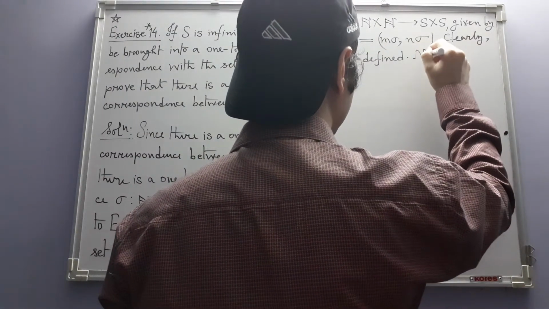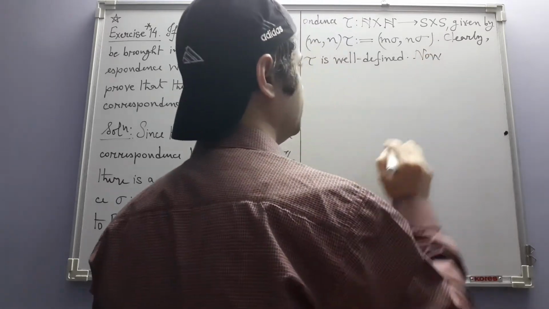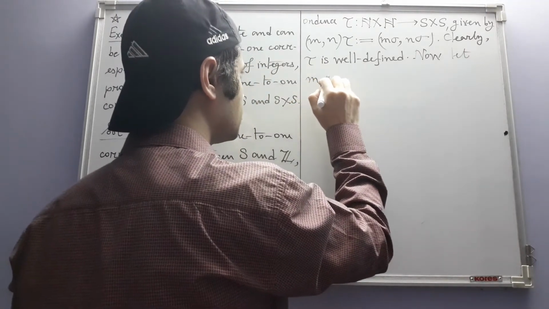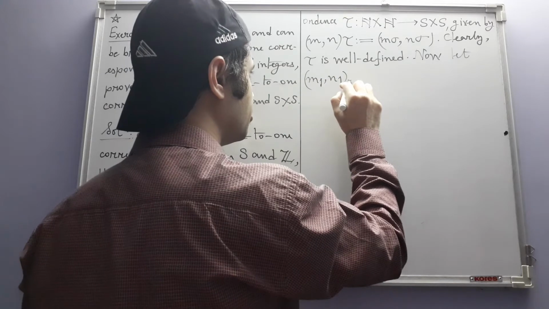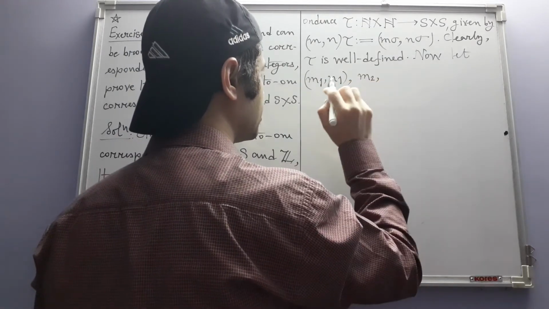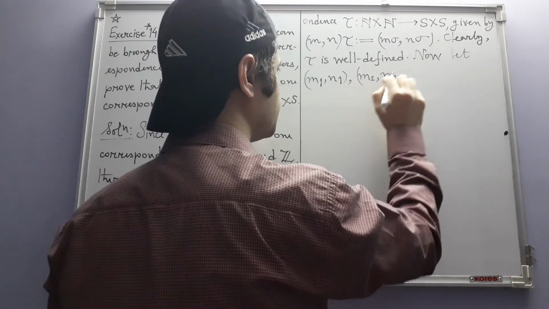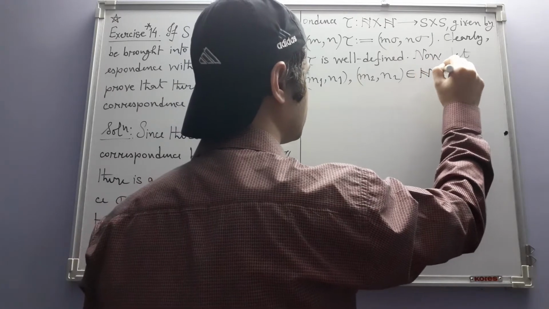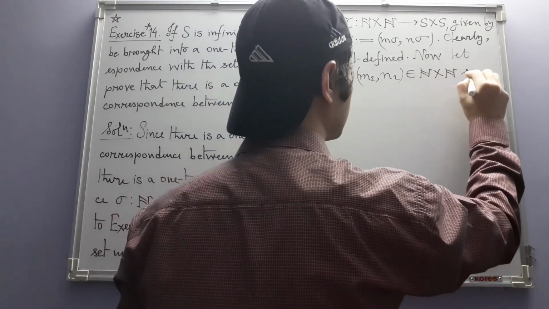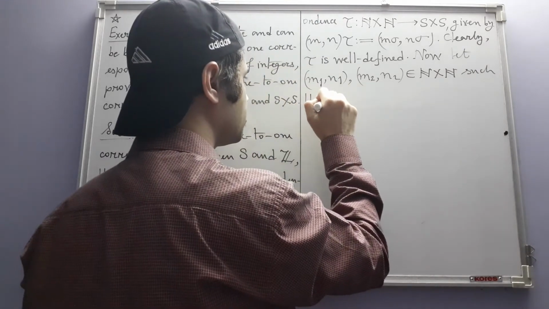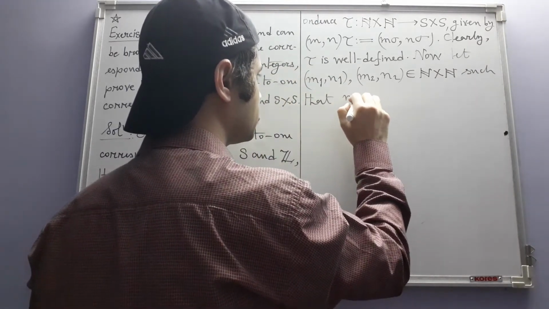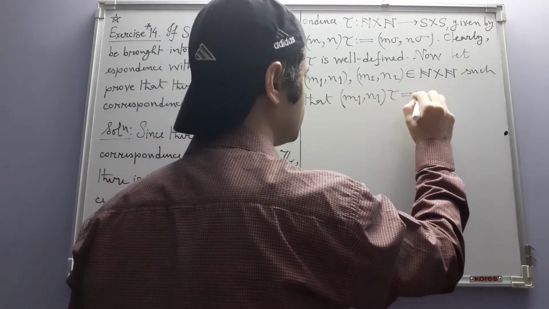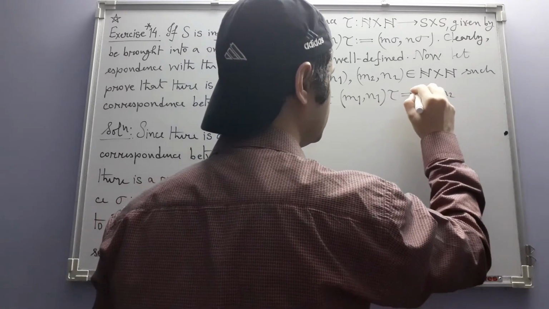Now let us first show that tau is one-to-one. Let us take two elements in its domain such that their tau images are equal. We will then have to prove that the elements are equal. Such that (m1, n1) tau is equal to (m2, n2) tau.